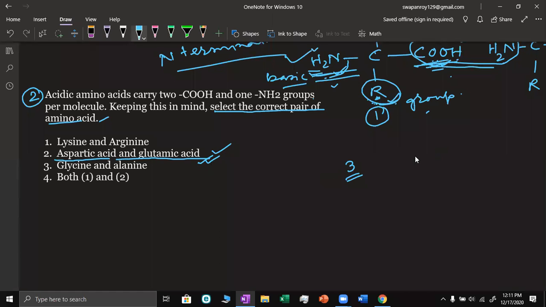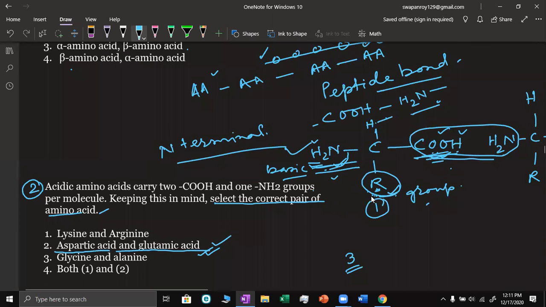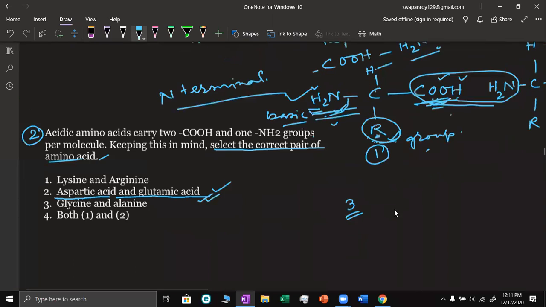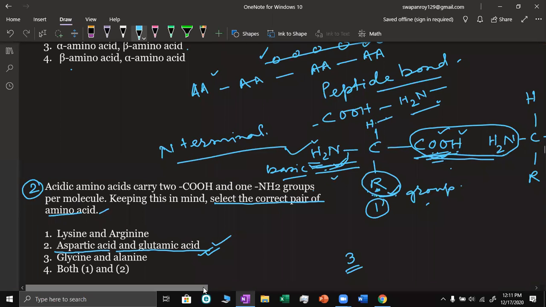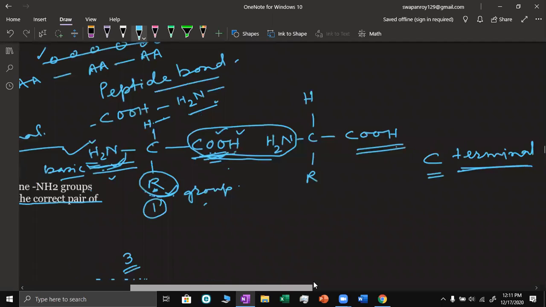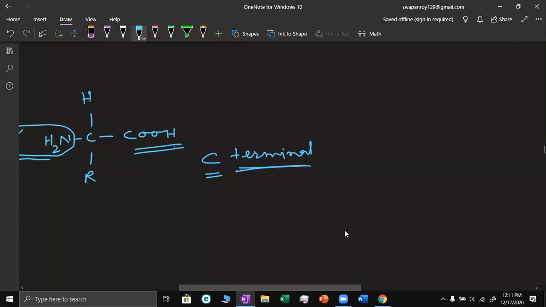So there are acidic and basic amino acids. We should remember the different amino acids, which one is basic, which one is acidic.